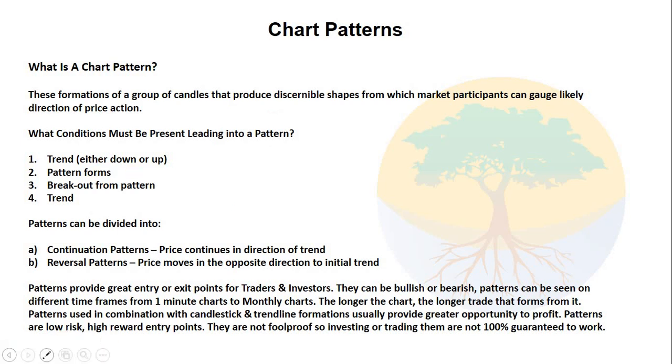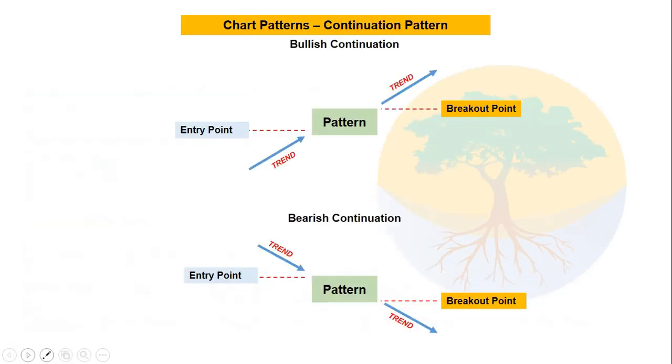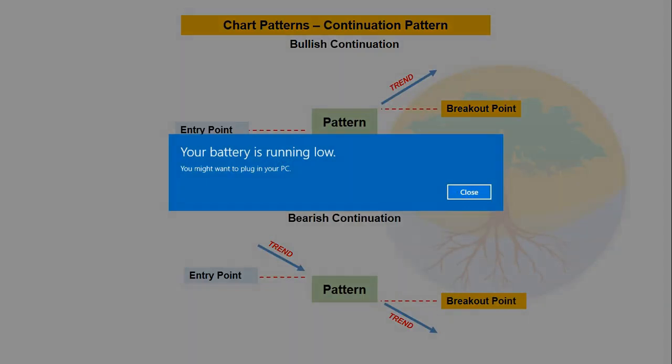So let's see, moving on. So this is the setup that we would find for a continuation pattern. The first one we are looking at here is the bullish continuation. So you have a price trending upwards, then the price gets into a pattern.